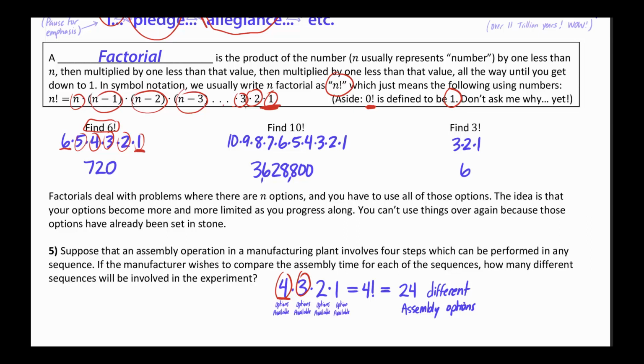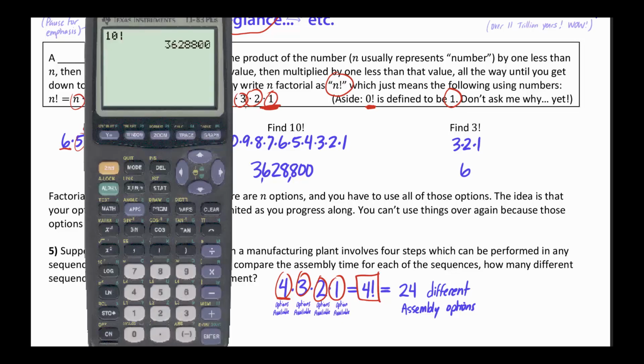After I put that in, I'm only going to have 2 left, and then with my final space, there's only 1 option. I've used my other 3. So 4 times 3 times 2 times 1, that is the idea of 4 factorial. We could put this in our calculator if we wanted. 4 factorial is 24. 24 different assembly options.